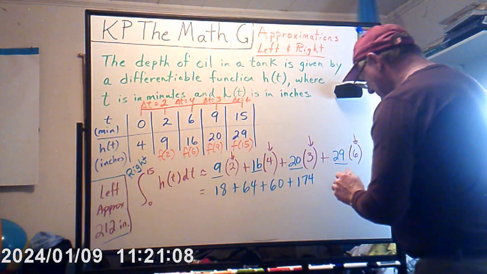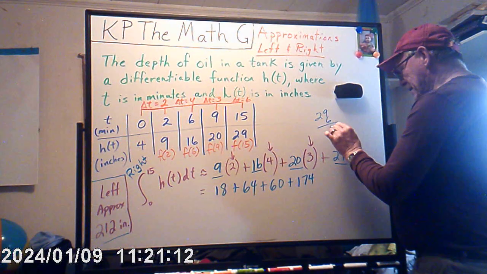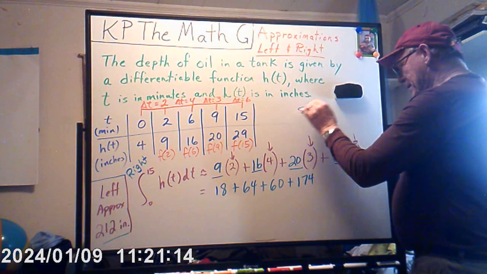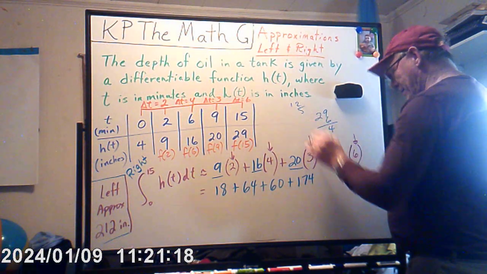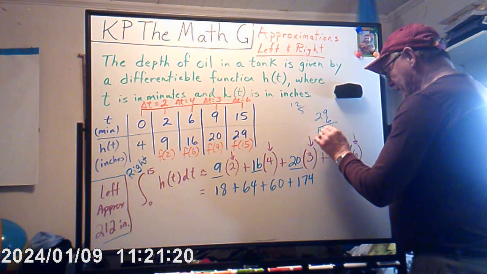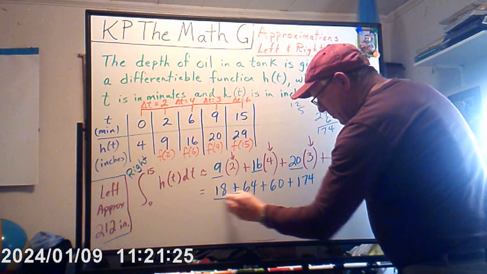Is that right? 29 times 6. 6 9s are 54. 2 6s are 12. Yep. 12 plus 5 is 17. Yep. 174. Okay, that's correct.